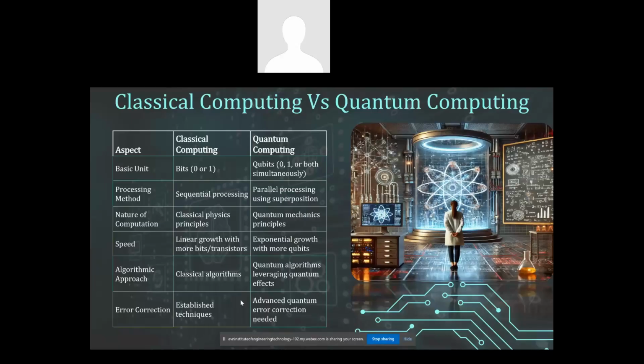If you increase the number of qubits in a system, the noise and error is a major disadvantage, limiting the number of qubits in the system. So we need to reduce the error in quantum computing. These are all the major differences between classical and quantum computing.